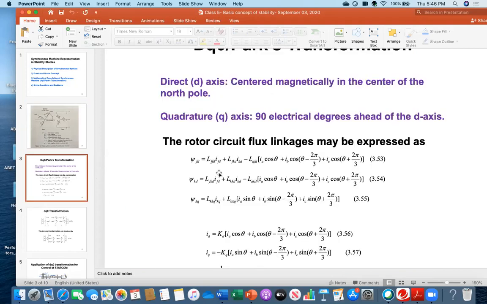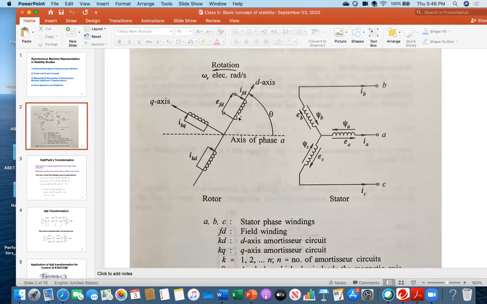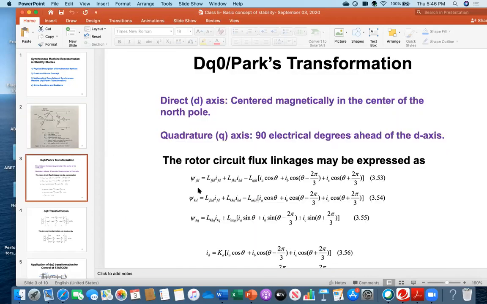Therefore, I am writing psi fd. First I am writing the equation for this coil. Everybody concentrate, be attentive. I am writing the equation for this coil, which is the main field winding. That's why I have written psi fd.